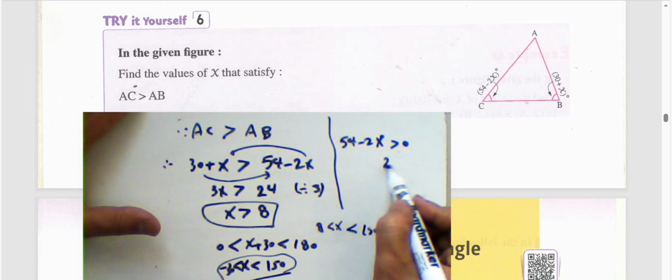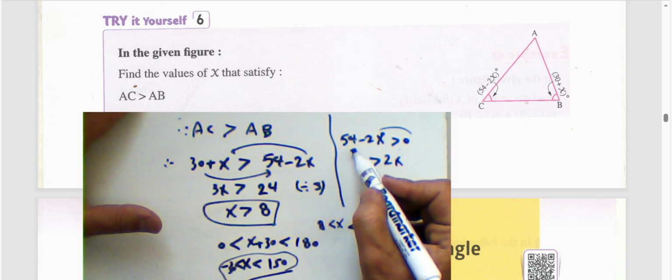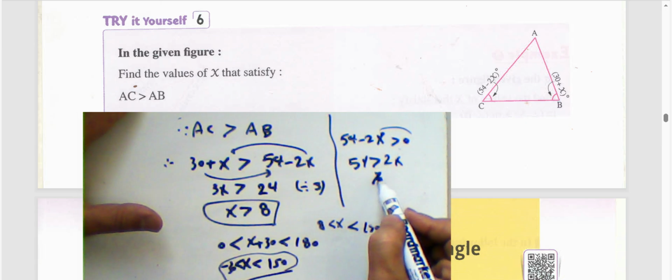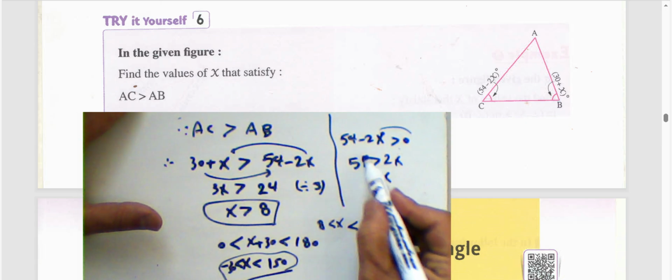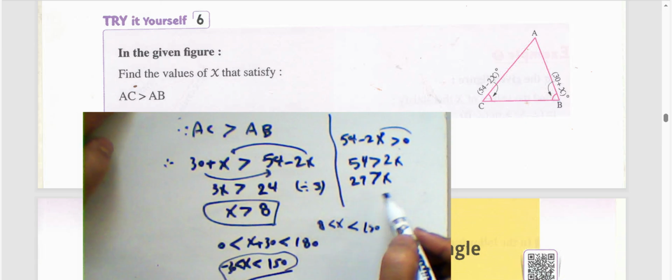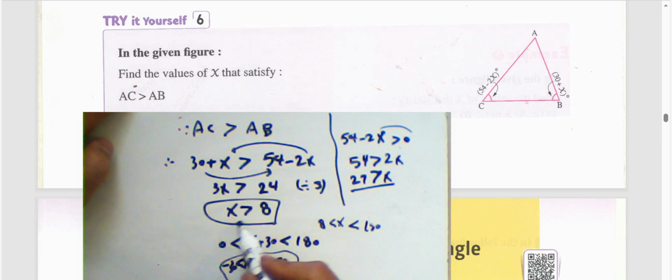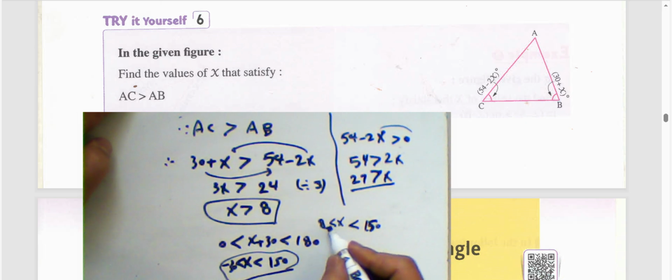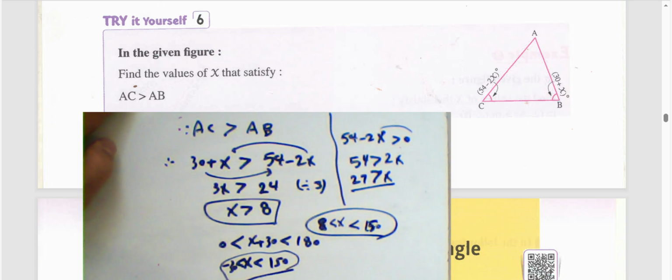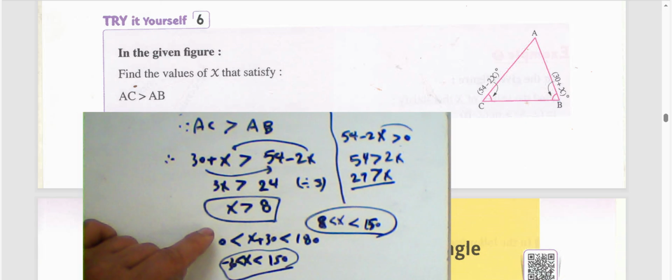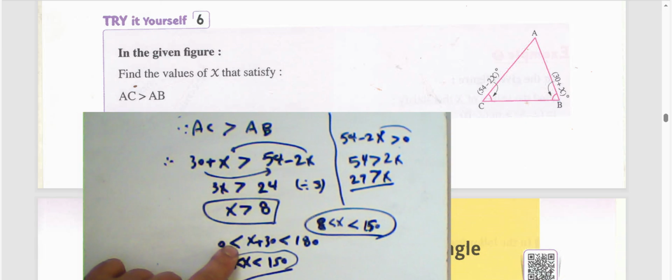And if we move 2x here and 54, then x less than 54 divided by 2, which is 27. So x less than 27, and here x ranges from 8 to 150, because the measure of x plus 30 is greater than 0 and less than 180.